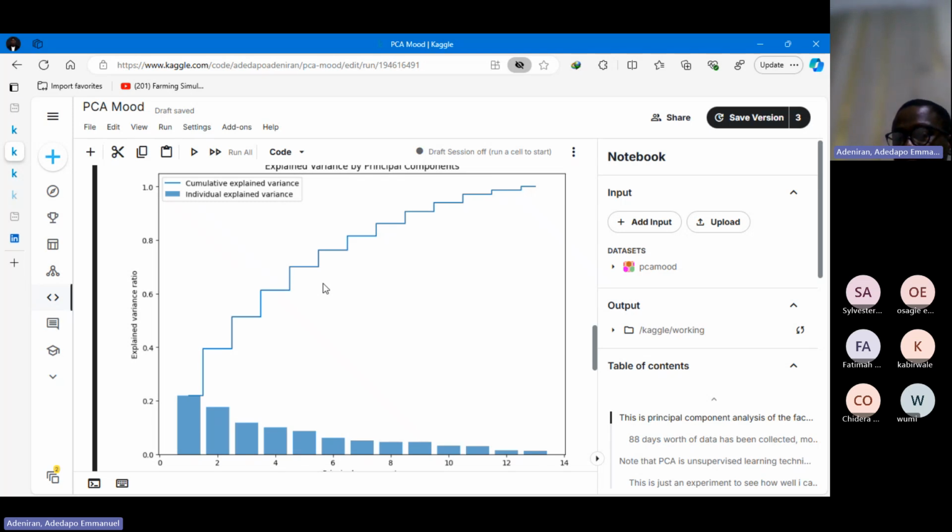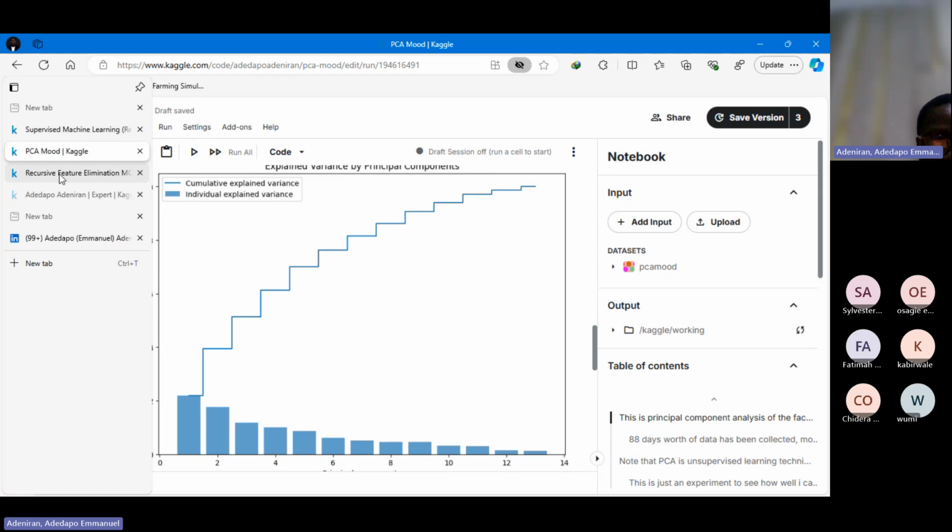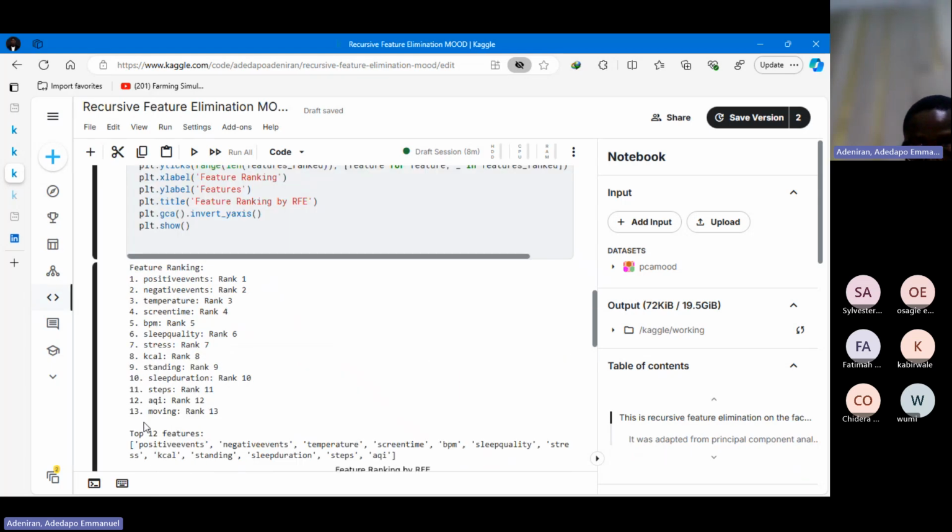Domain knowledge means your specialized knowledge, that is, you can go and consult with a psychologist and ask the psychologist that, okay, out of all of these components that we have here, we want to start eliminating from behind. Recursive elimination. So we need to eliminate as much as possible and leave only a few components.